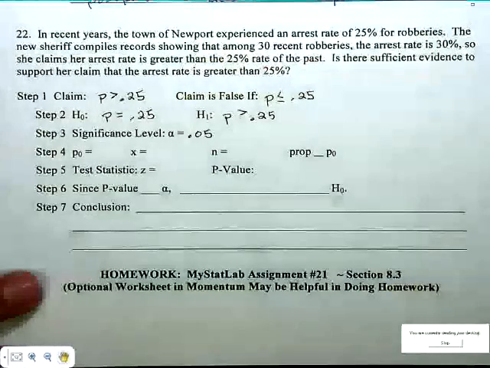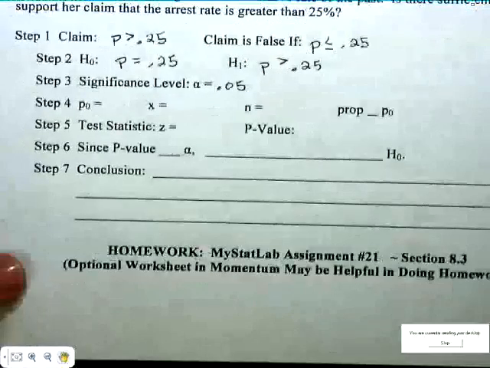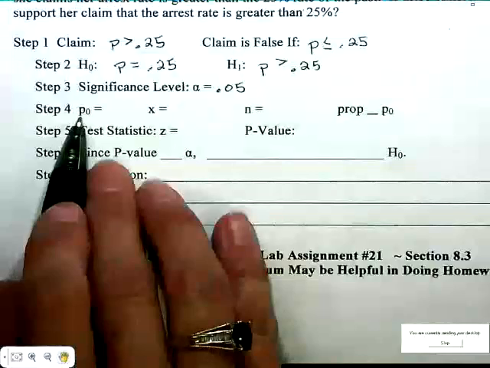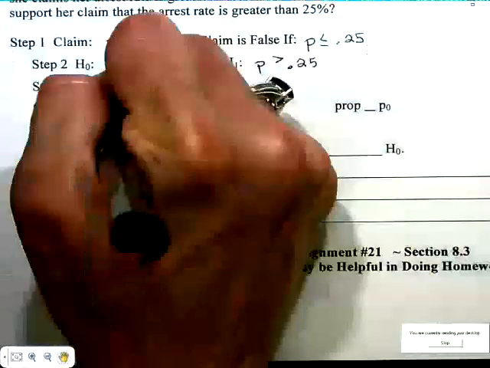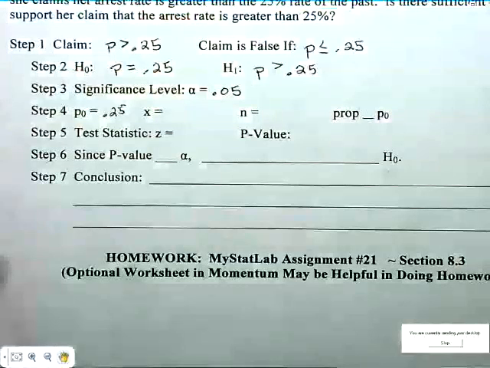Before I grab my calculator, I want to make sure that I have everything identified correctly. What is my P sub 0? 0.25. And that's the percent of robberies for which there was an arrest. So what is X?